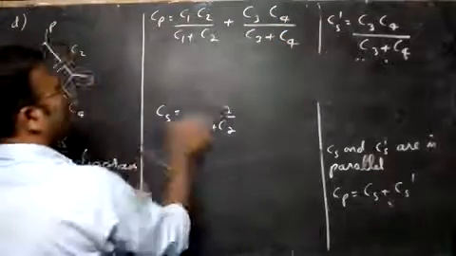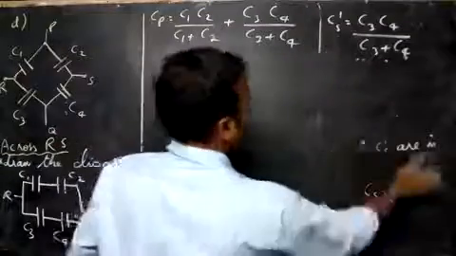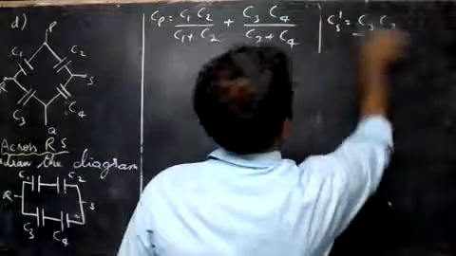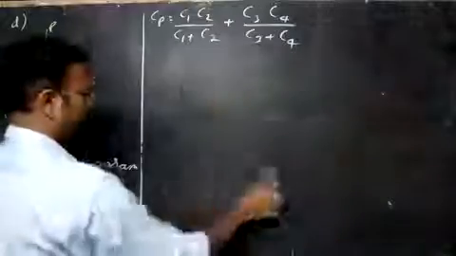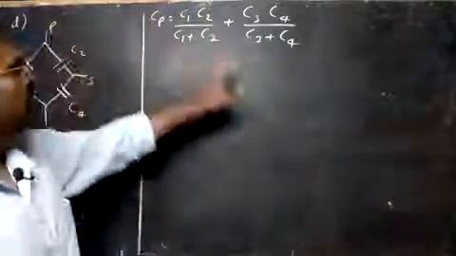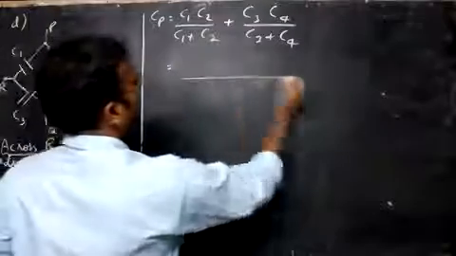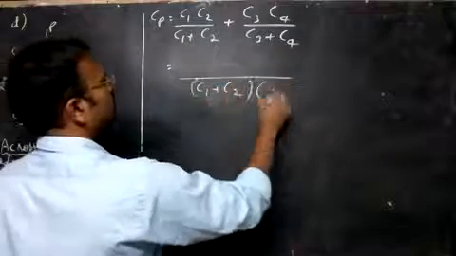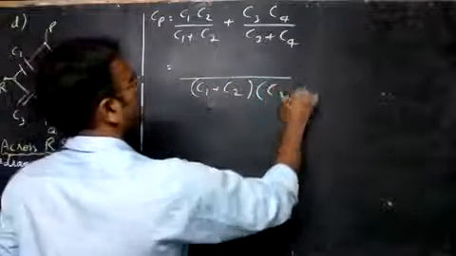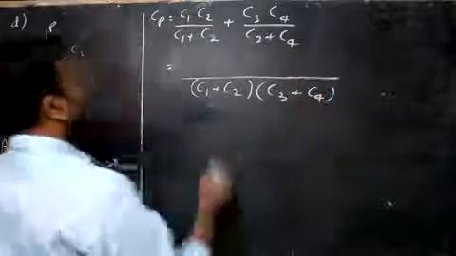Now take the LCM. What we get here is the common LCM, that is C1 plus C2 into C3 plus C4. Then cross multiply.